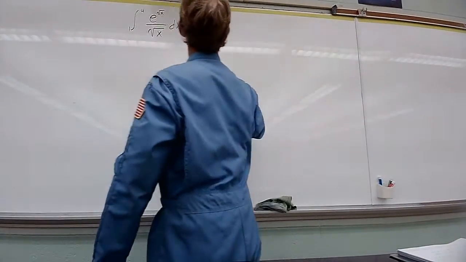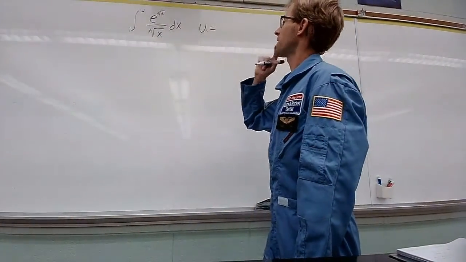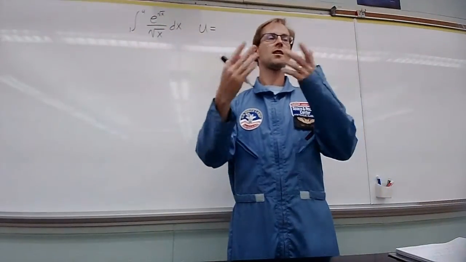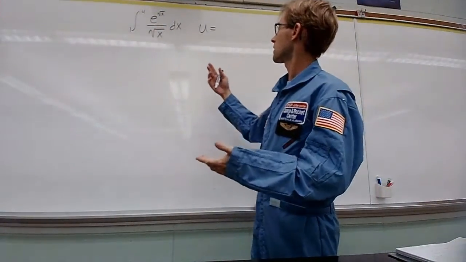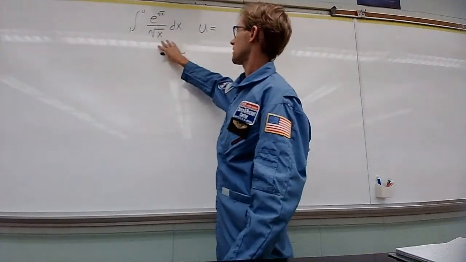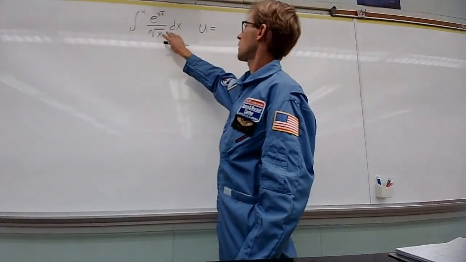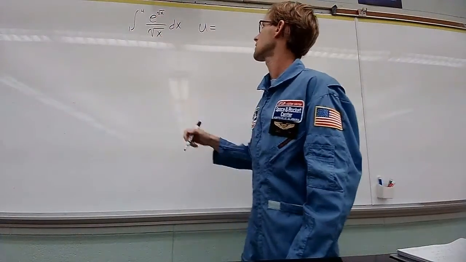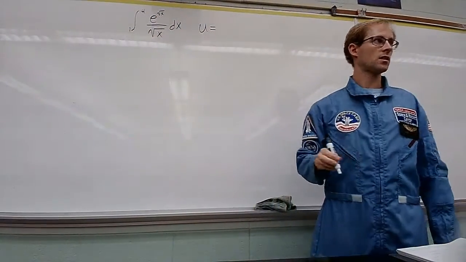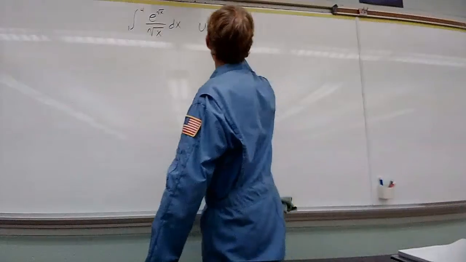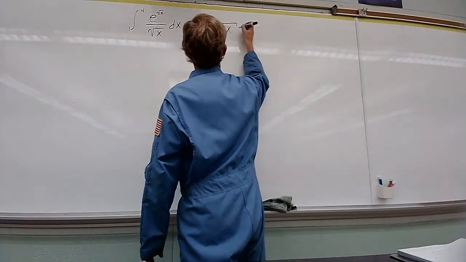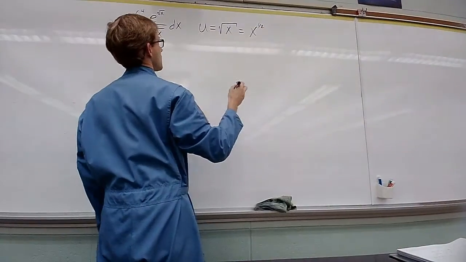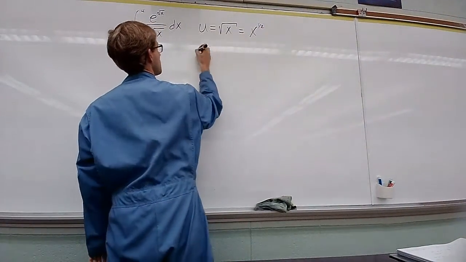If we set this equal to just x, it's not going to get us anywhere because we're just exchanging letters. But if there's no inner function like this, and there's an e, we usually set u equal to whatever that exponent is, in this case square root of x, which is the same thing as x to the 1/2. So, what next? du by dx.